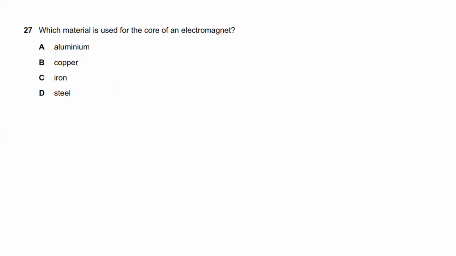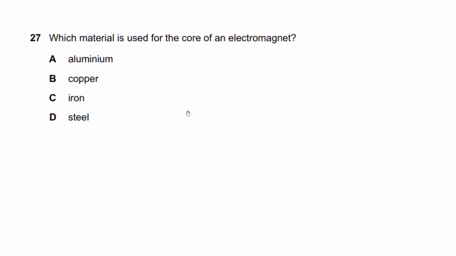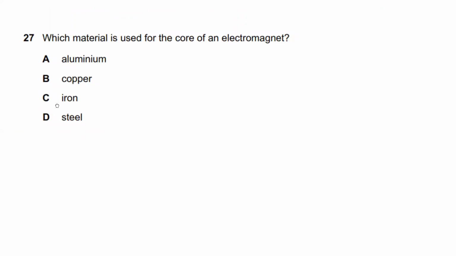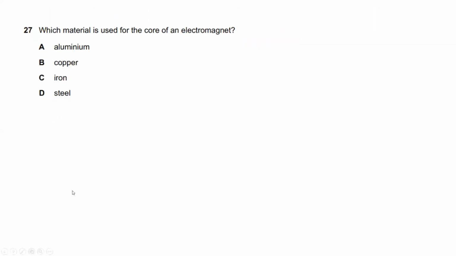For example, copper wires are used for conduction of electricity, and they have almost no magnetic properties. So answer C is the right choice we have.